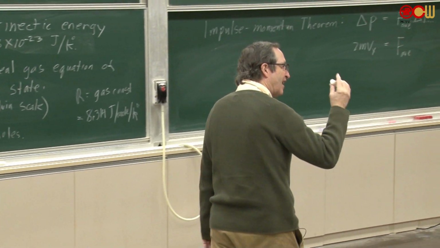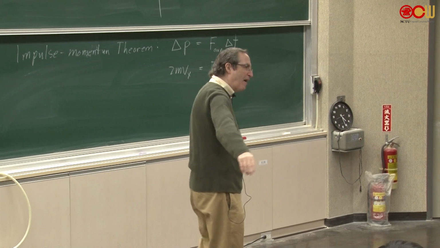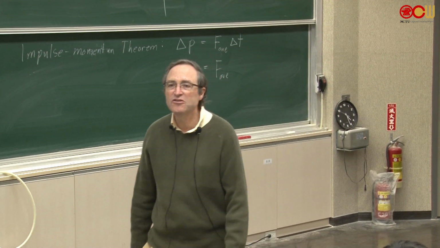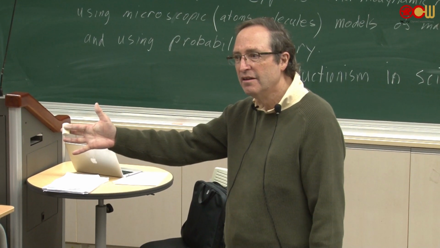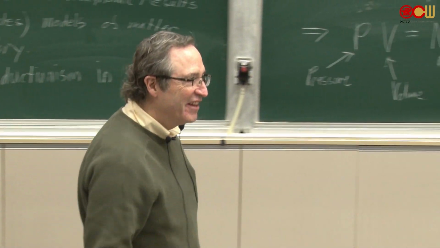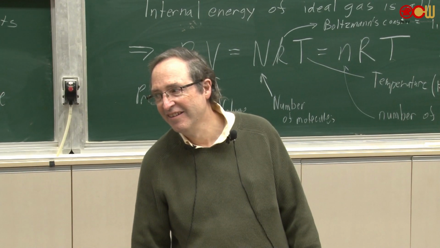Well, my particle goes like that, right, comes back. What is it going to do next? It's going to hit the other wall on the other side. How far away is that wall?